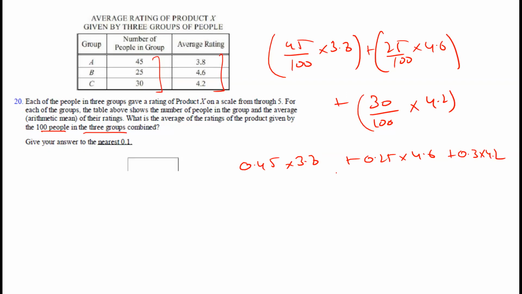If you calculate, 0.45 times 3.8 is 1.71, this is 1.15, and this is 1.26. If you add all of them up, 1.26 plus 1.15 plus 1.71, we get 4.12. We need to find it to the nearest 0.1, so 4.1 would be the answer.